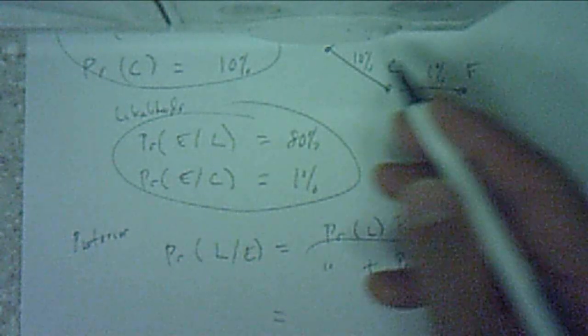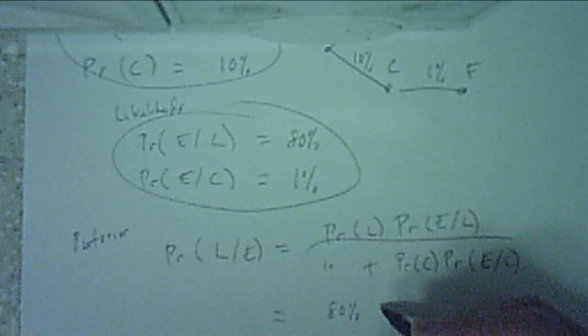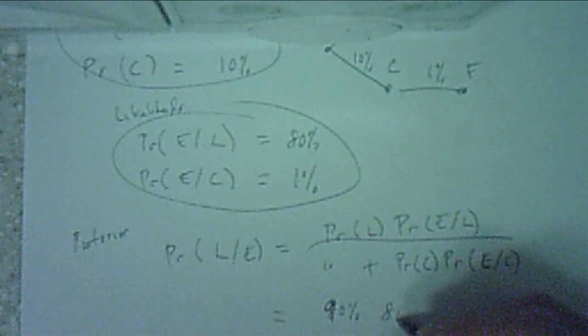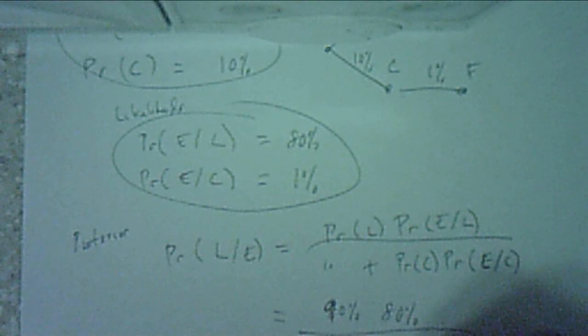Just read it off the diagram. So 90%, that's the probability of L, times 80%, divided by the same thing plus 10%, that's C, times 1%.